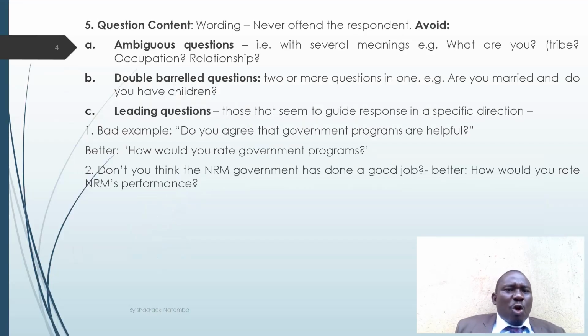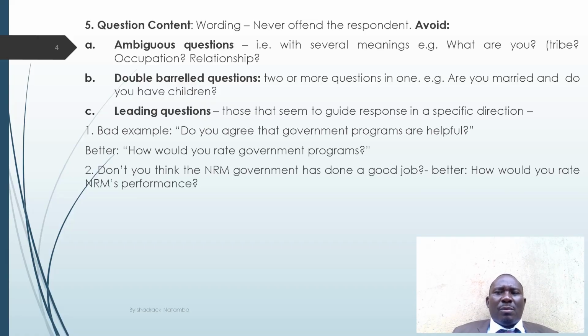Yes, so the question content, this is about the wording, how you phrase these questions. It's important that you avoid offending the respondent. These are the questions that at times offend the respondents. For example, ambiguous questions with many meanings.